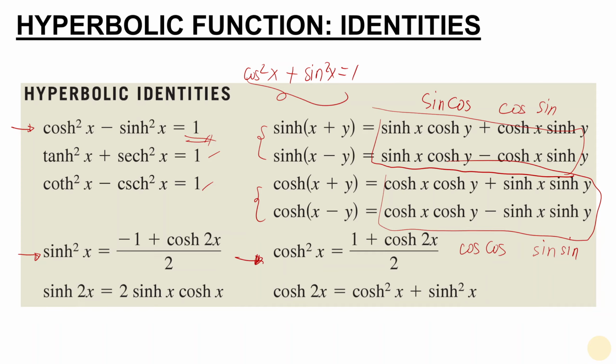And for the other one, if we have the negative here, we have a positive here. And our sine 2x still follows similarly the double angle formula like the trigonometric function. But again, we can just derive this from here because that is just sin cos cosine sin. And as well, this one here is just cos cos sin sin.